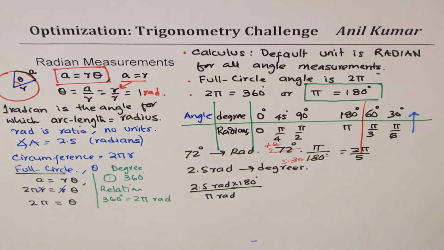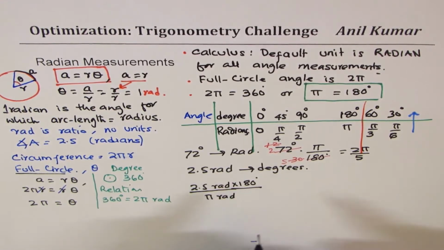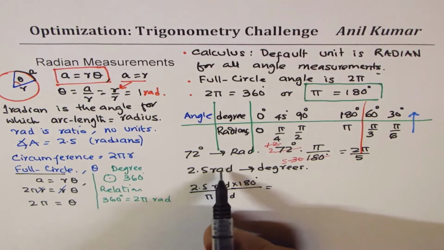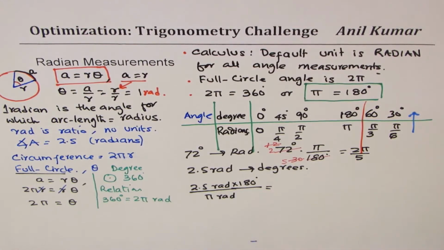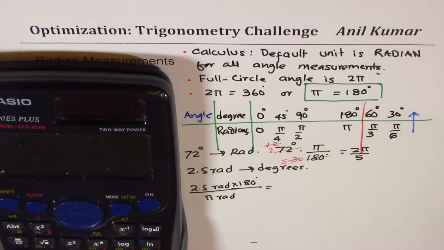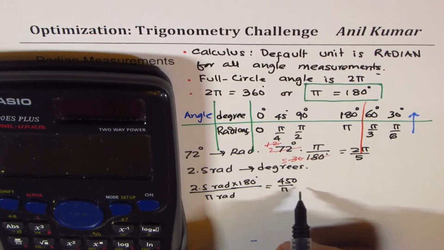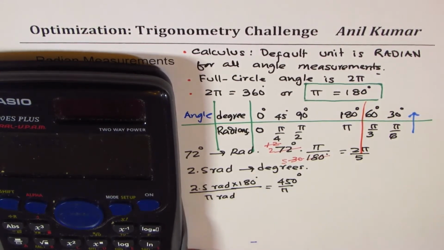Does that make sense to you? So that factor is going to give you the result of 2.5 radians into degrees, correct? So let's multiply. We get 2.5 times 180, which is 450 over pi in degrees. Do you understand?